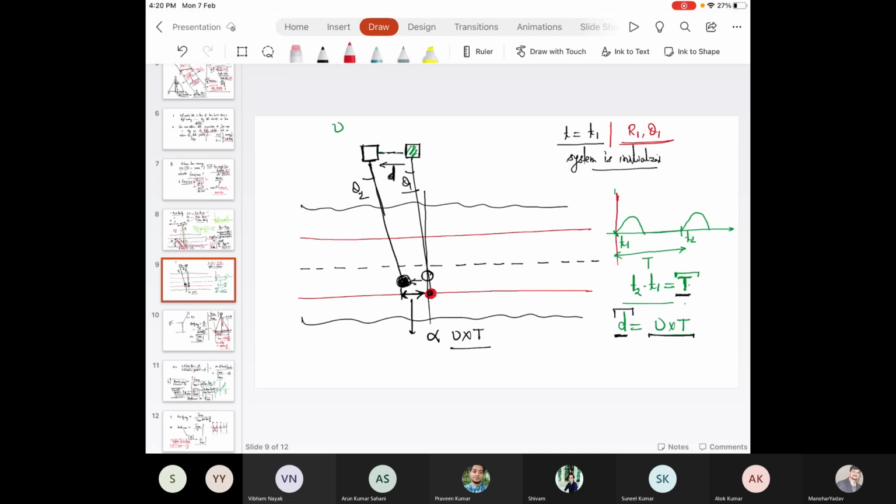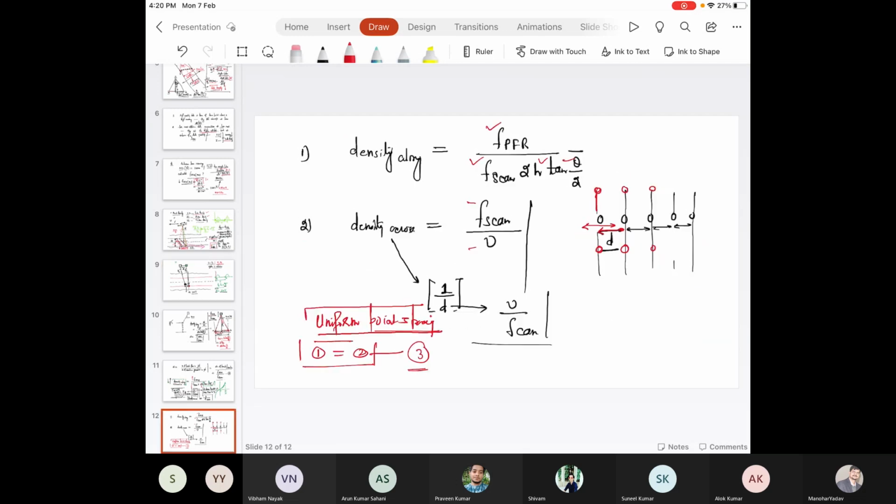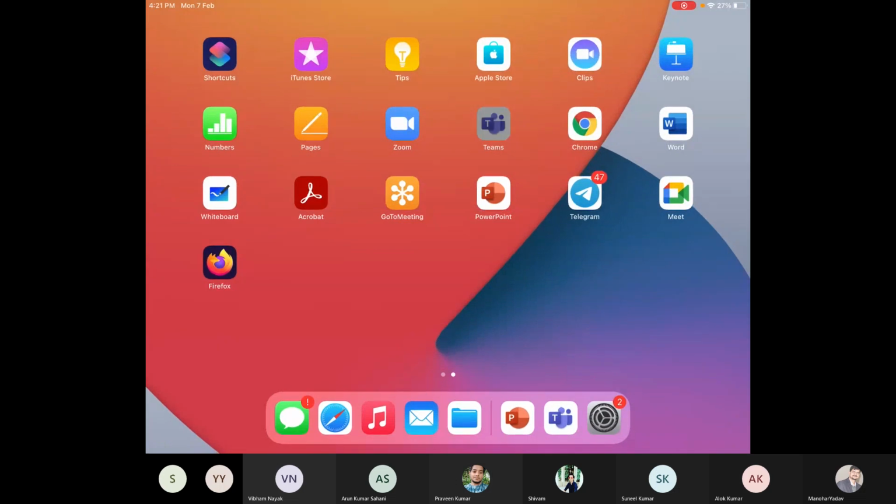If there is any doubt, let me know and I will discuss that part. In the remaining time, make a note on this. Then we'll do the final analysis, how these parameters are related and what kind of trade-off we have. Is it clear? Yes, sir.